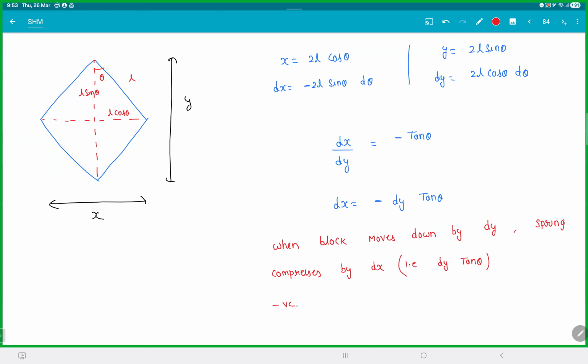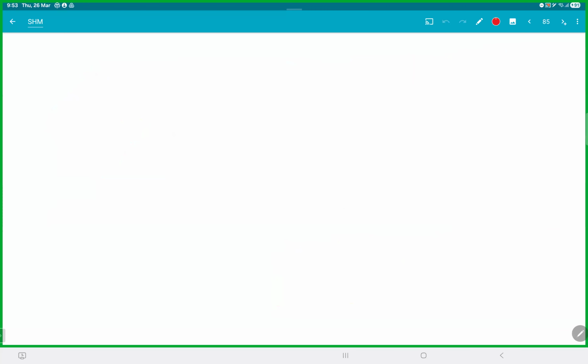The negative indicates x is decreasing. Is this clear, everyone? So whenever you pull the block down by y, the spring compresses by y tan theta. All clear with this? Now, coming back to the question.